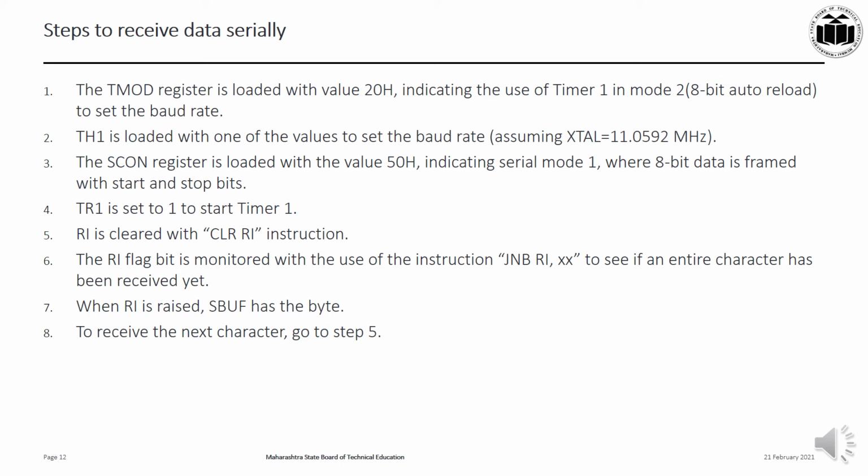TR1 is set to run the timer, and RI is cleared, and after that we monitor the RI flag with the instruction JNB RI to see if an entire character has been received or not. When RI is raised, SBUF has the byte. To receive the next character, we again go to step number 5.